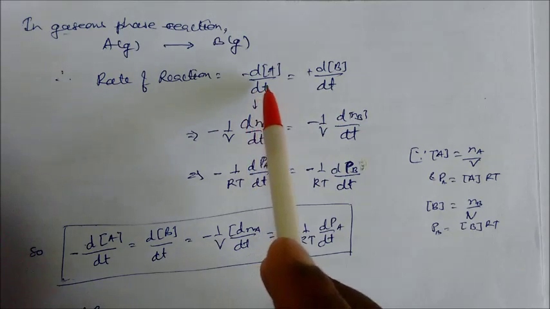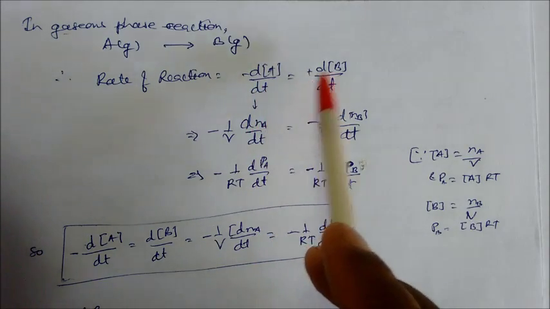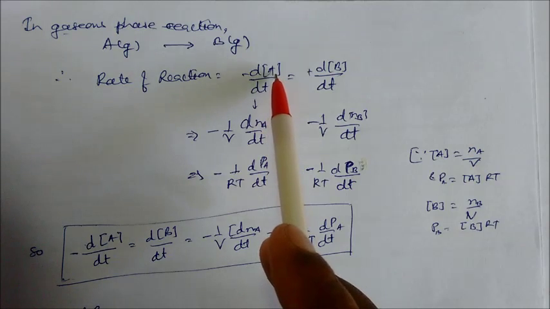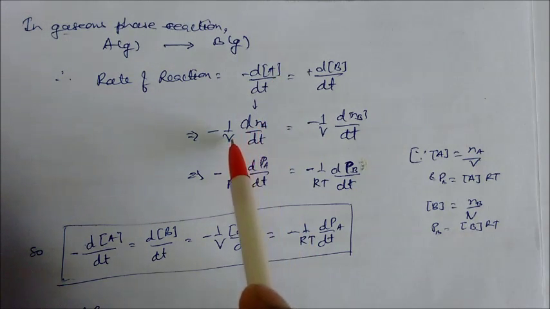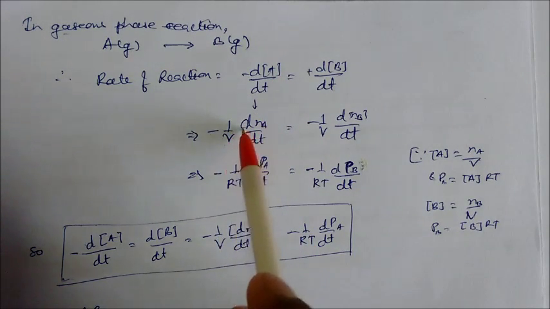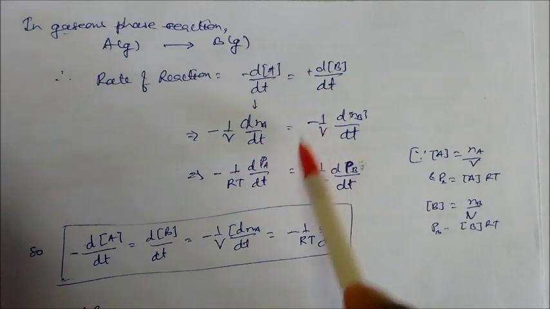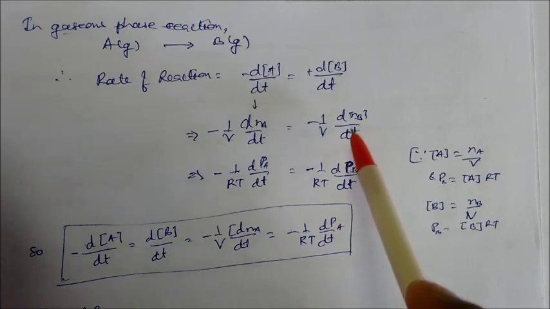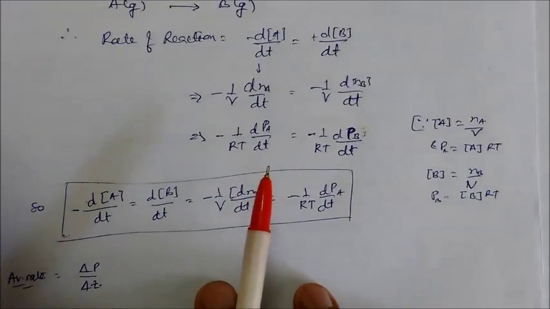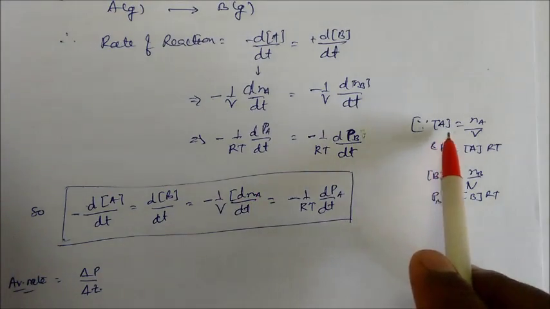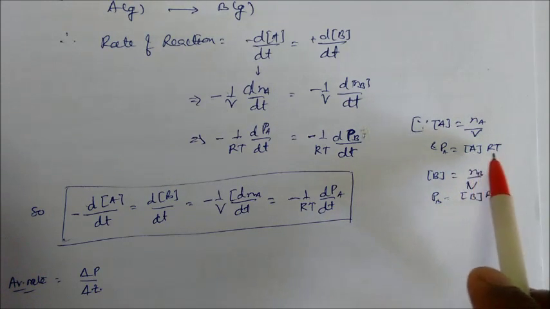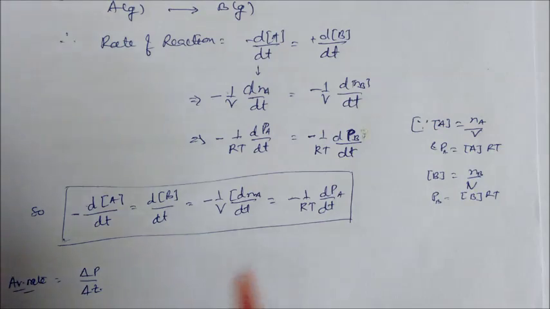This is the rate of disappearance of A, and this is the rate of appearance of B. Concentration is moles by volume, so it is minus 1 by V into dNA by dt, and similarly for B, 1 by V into dNB by dt. The concentration of A is moles of A by V, and partial pressure is the concentration of A into RT, as we have already seen.